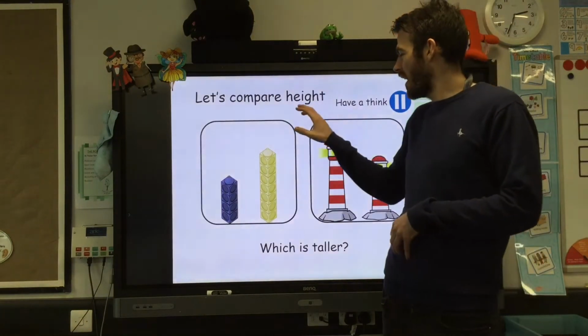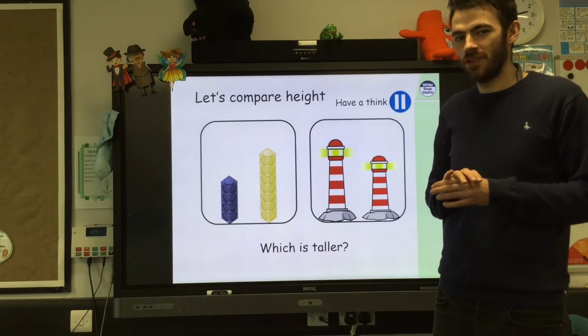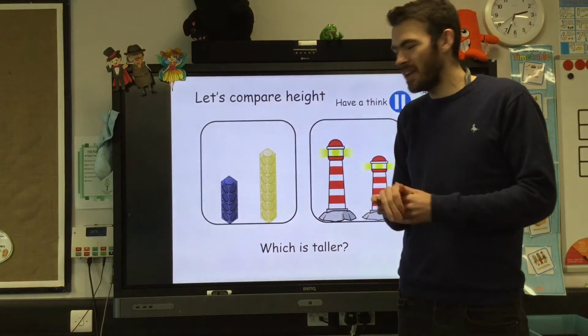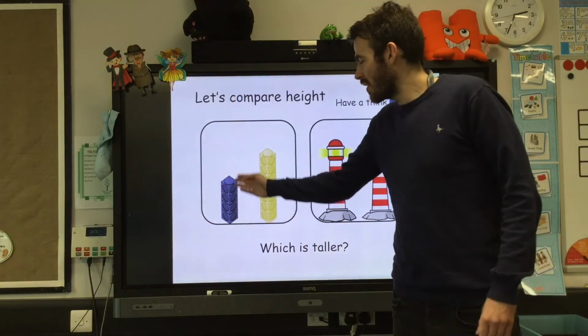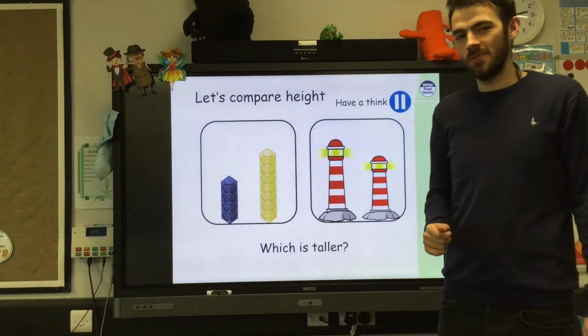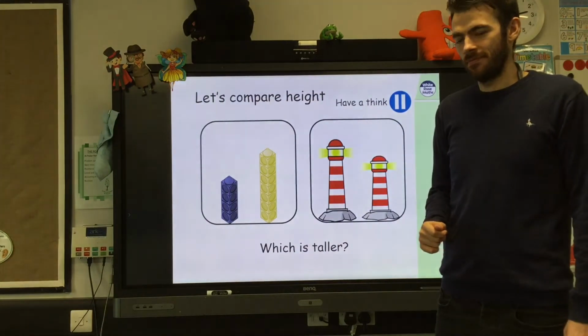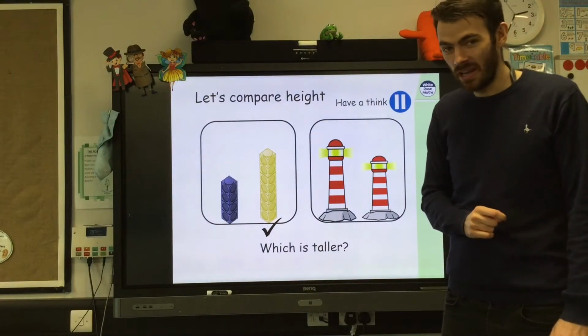So we have some cubes here and we're going to focus on that example first. Look at the cubes, count how many there are, look at their size. Which is taller, the stack of blue cubes or the stack of yellow cubes? The stack of yellow cubes is taller.